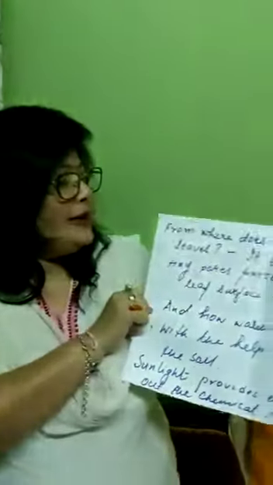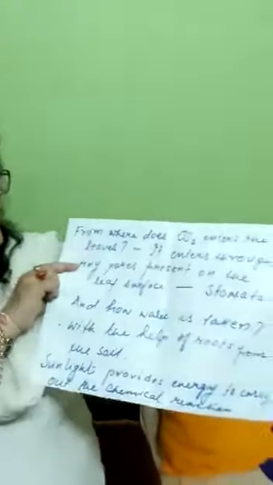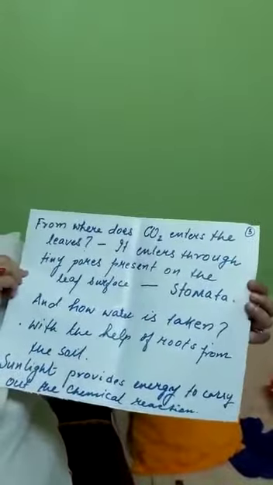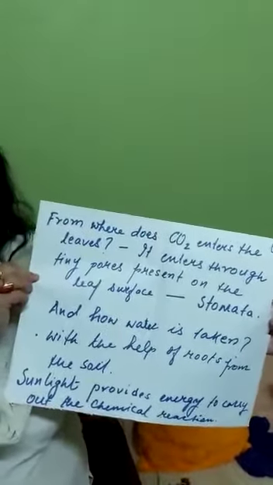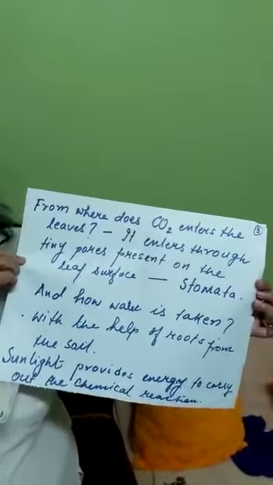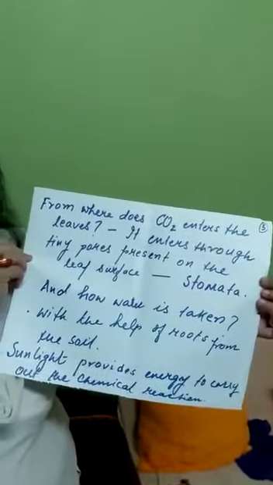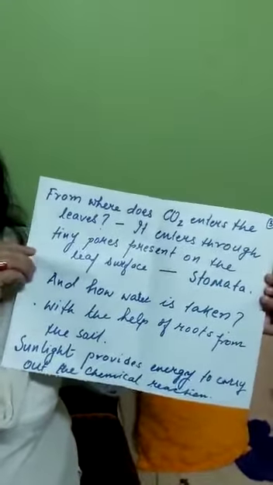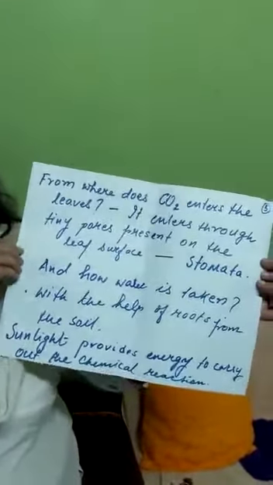Site means place. Where does photosynthesis take place? Now, from where does carbon dioxide enter the leaves? Carbon dioxide is taken by the plants from the air. Carbon dioxide enters the leaves through tiny pores present on the leaf surface, and the tiny pores are known as stomata.